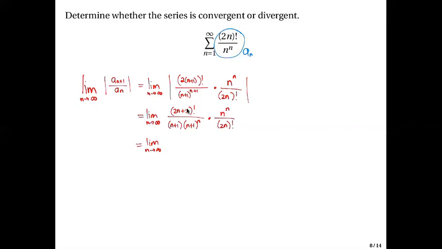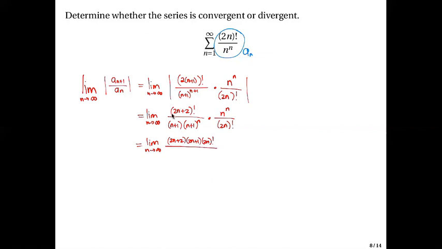Si 2n plus 2, pwede mo siyang isulat as 2n plus 2 times 2n plus 1 times 2n factorial.